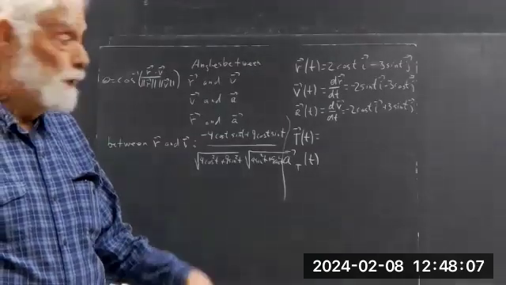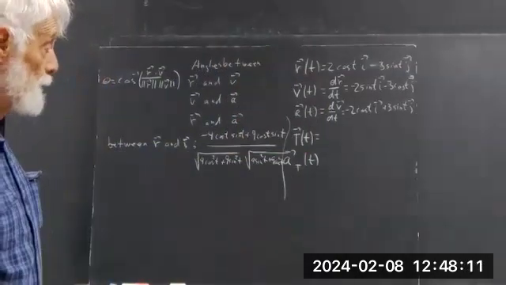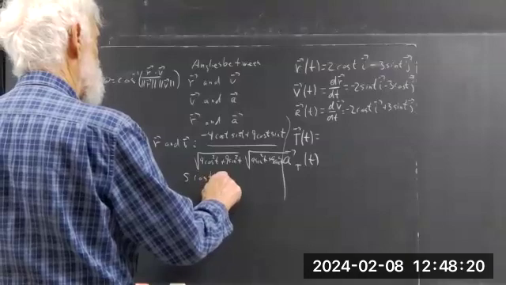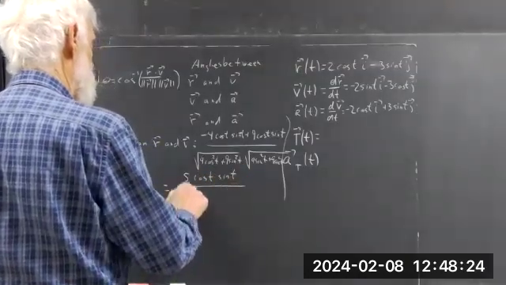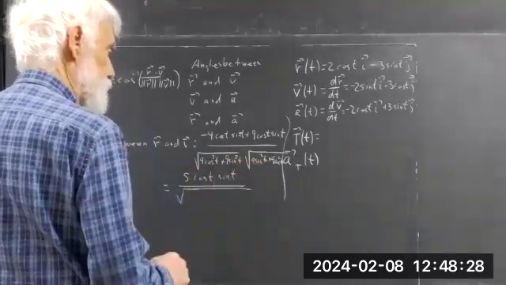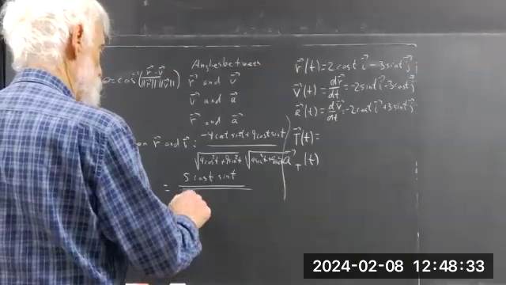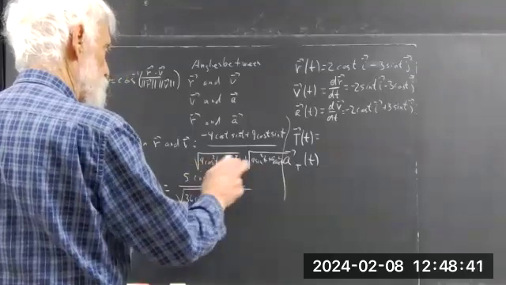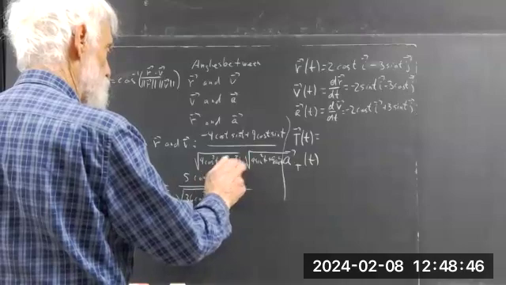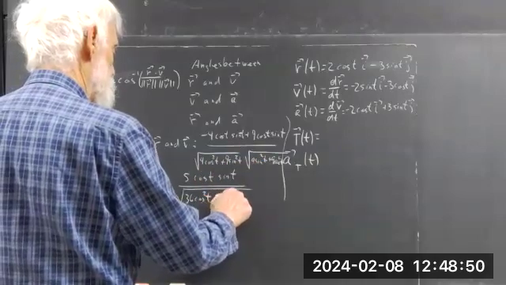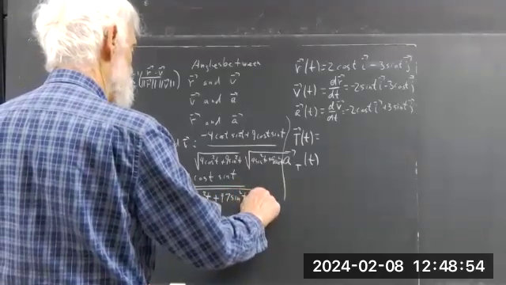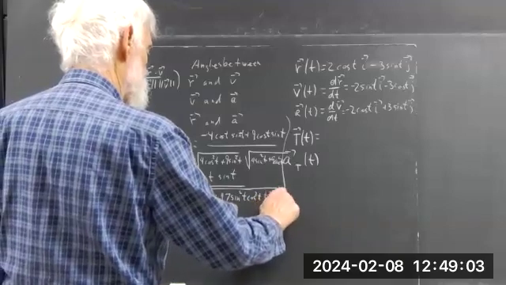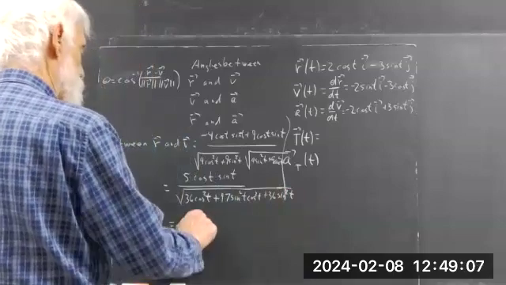That equals 5 cos t sin t divided by the square root of the product of these two, which is cos squared t, 16 cos squared sin squared, 81 cos squared sin squared, sin squared t cos squared t, and then plus 36 sin squared t.